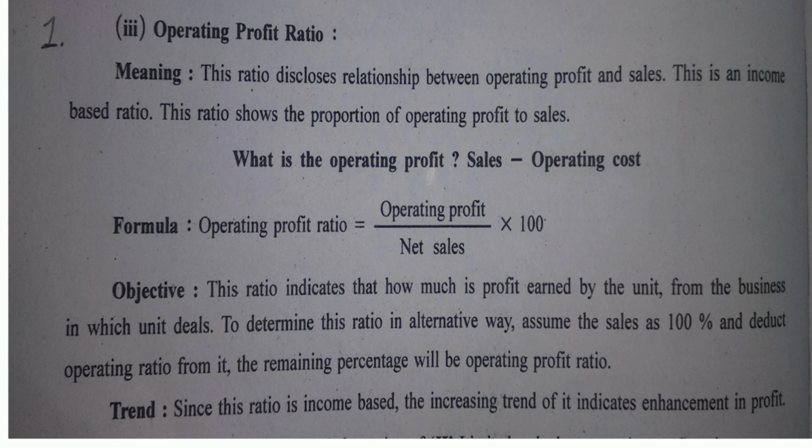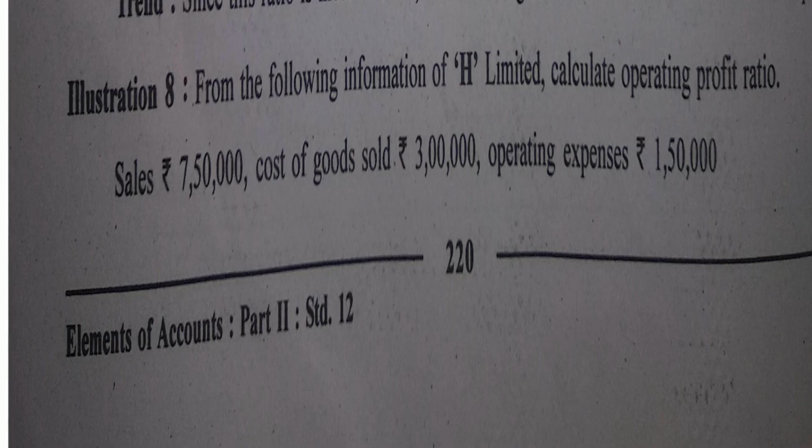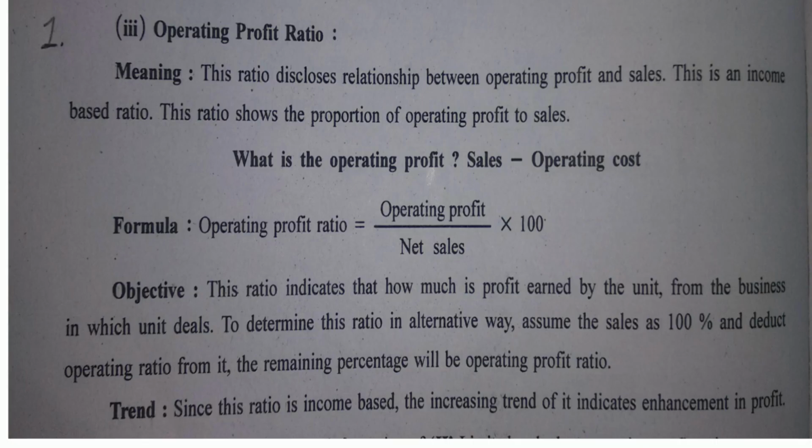So first of all, what is operating profit? It is given prior to the formula. Operating profit, sales minus operating cost. Obviously, you know well what is sales. But what is operating cost? That we need to understand. So obviously we'll understand it while solving sums. So not to worry.